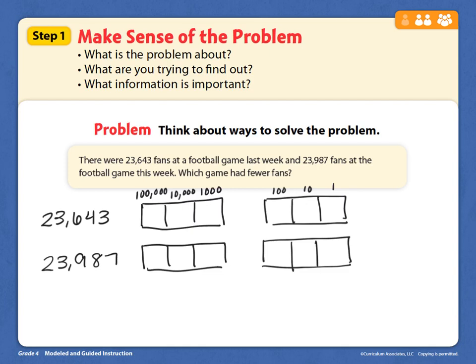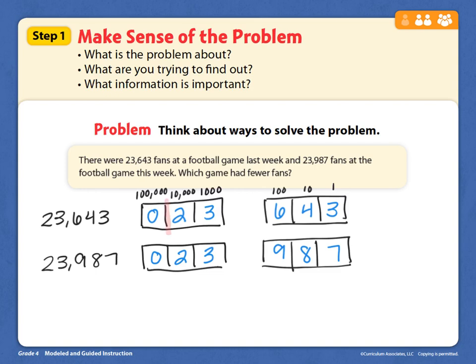And I'm going to fill in. So last week, there were 0 100,000s, 2 10,000s, 3,000s, 600s, 4 tens, and 3 ones. This week, there were 0 100,000s, 2 10,000s, 3,000s, 900s, 8 tens, and 7 ones.